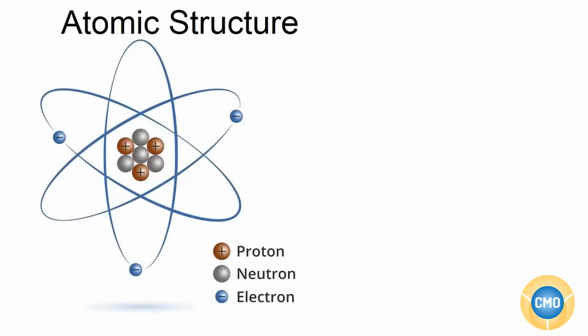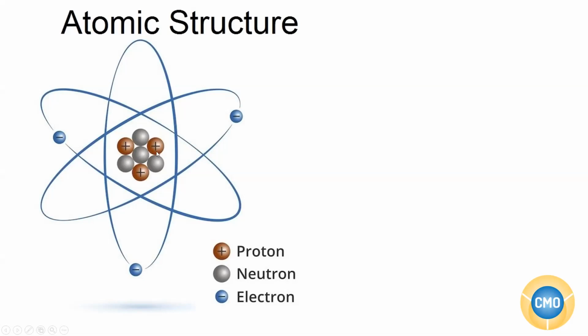So here we have a diagram of a typical atomic structure. We've got the nucleus in the middle here, which is made up of protons, which are positively charged, and neutrons, which are neutrally charged, and then we've got electrons, which are in these orbits around the nucleus, and they're negatively charged.